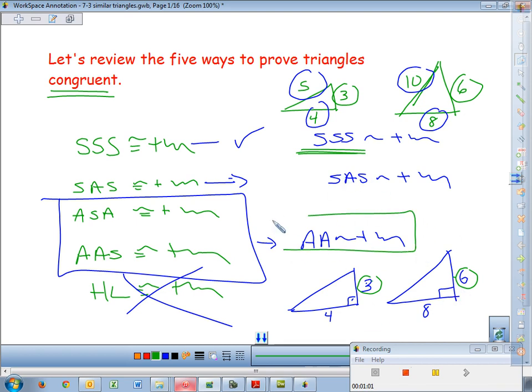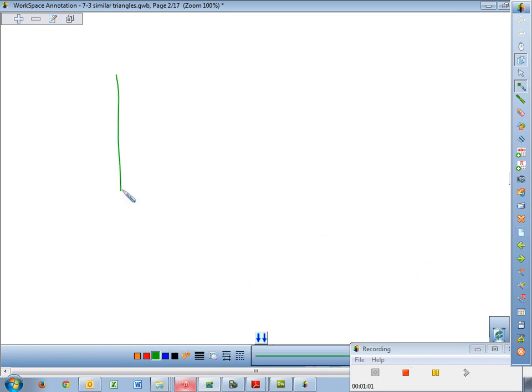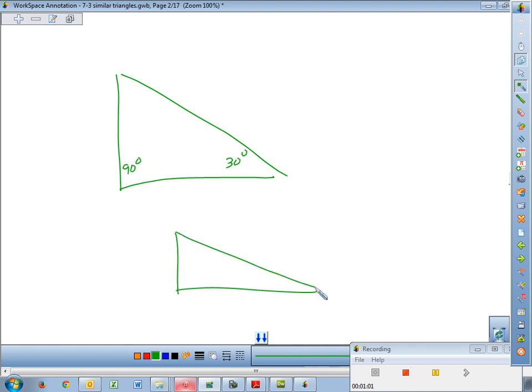Now, why would you call the other one angle-angle instead of angle-angle-angle? Why wouldn't you use 3 A's? Let's just say that I had 90 degrees and 30 degrees, and 90 degrees and 30 degrees. This is enough right there to prove those 2 triangles similar to each other, right?